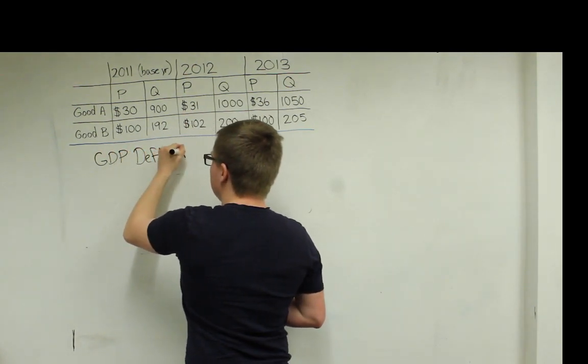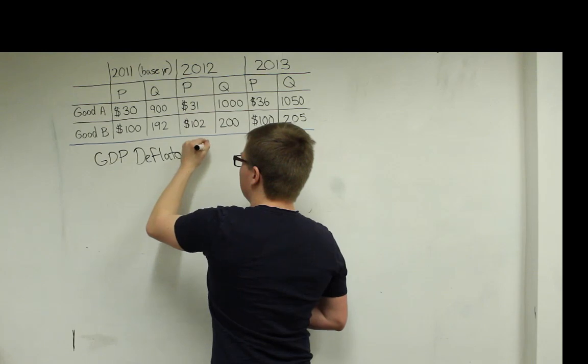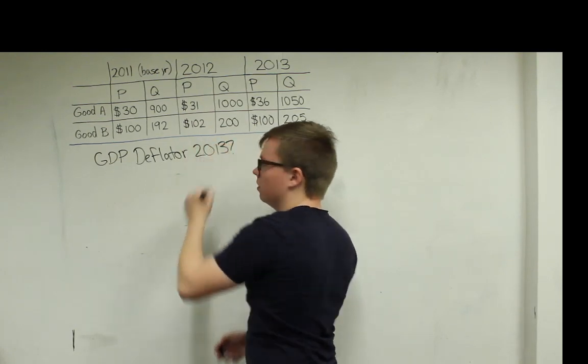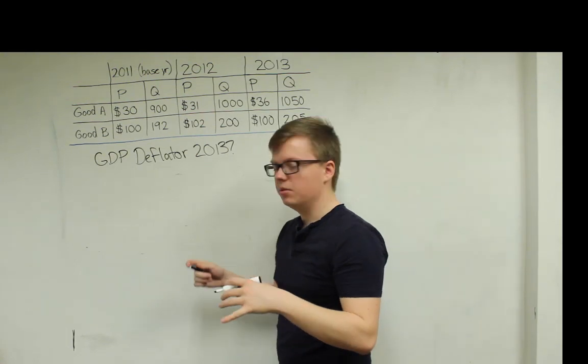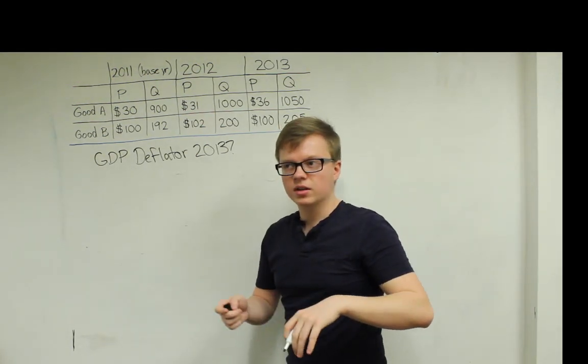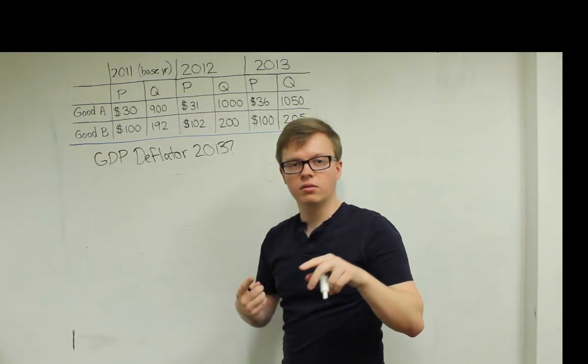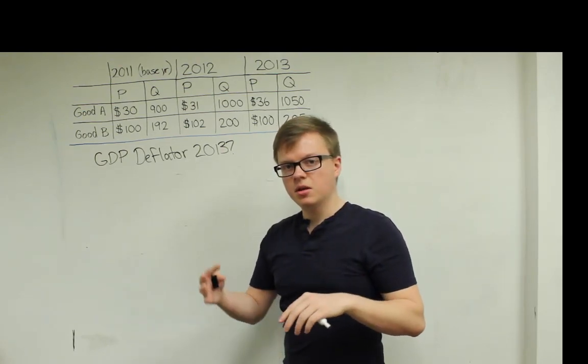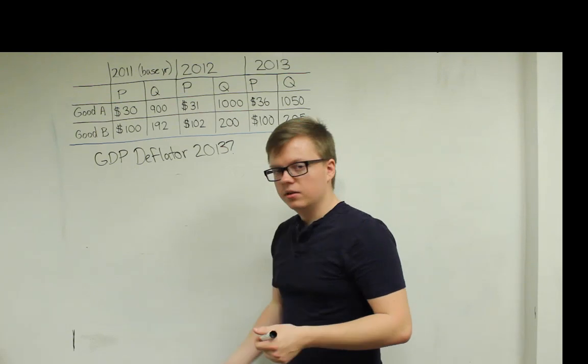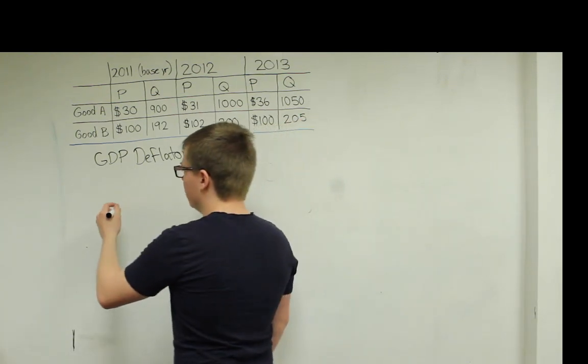What was the GDP deflator in 2013? First of all, the GDP deflator does two things. It allows you to convert easily between real and nominal GDP, and it also gives you a measure of inflation.